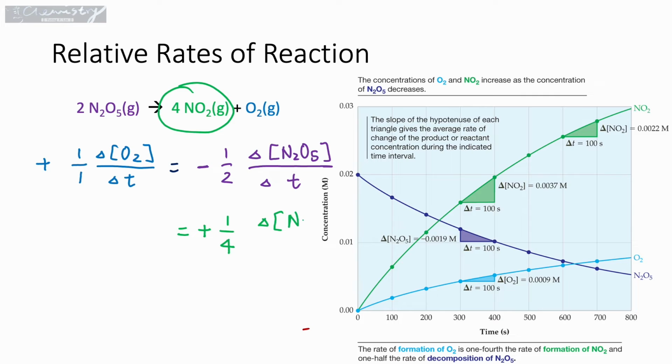And then the rate of NO2 is the change in the concentration of NO2 over a certain time period. And that is the overall rate, showing how the rates of the reactions for the different species in the reaction are related to each other.